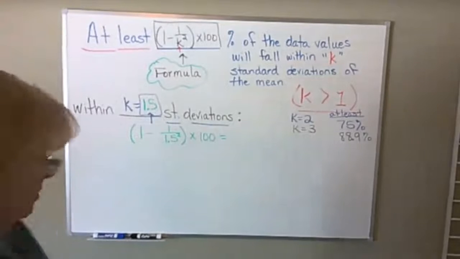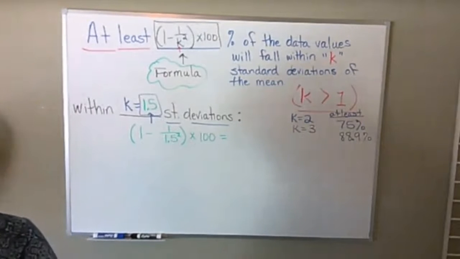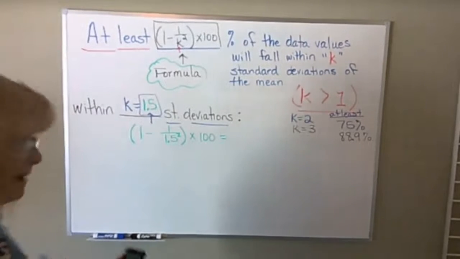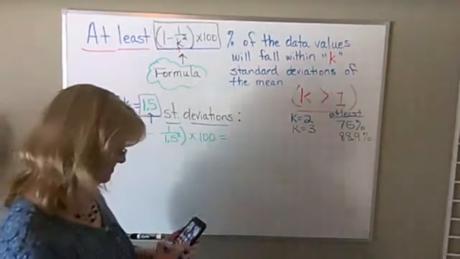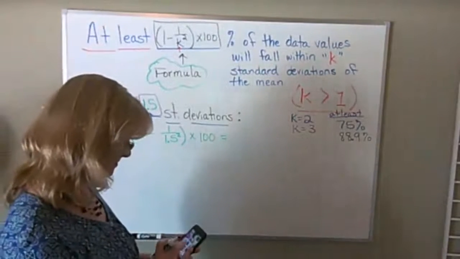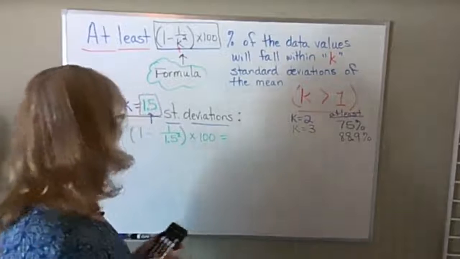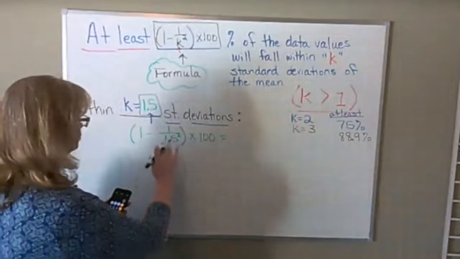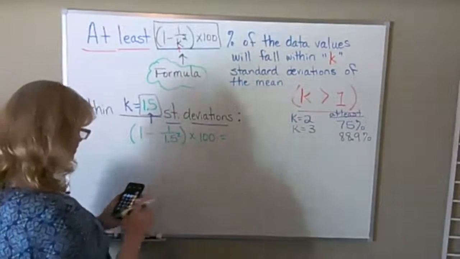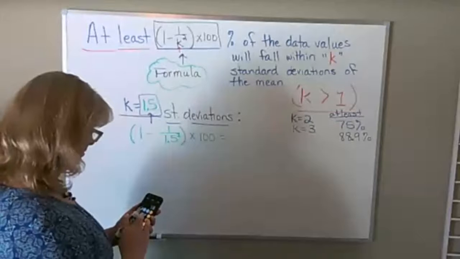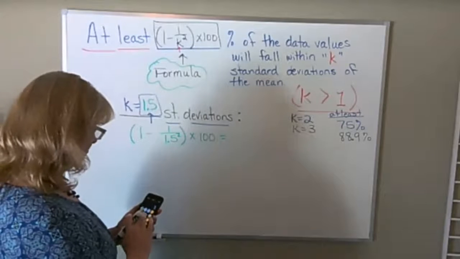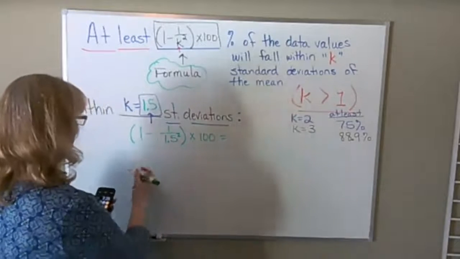And I don't have my regular calculator, so I'm going to use my phone for a calculator. And if I do 1.5 squared, 1.5 times 1.5 is one way to do it.